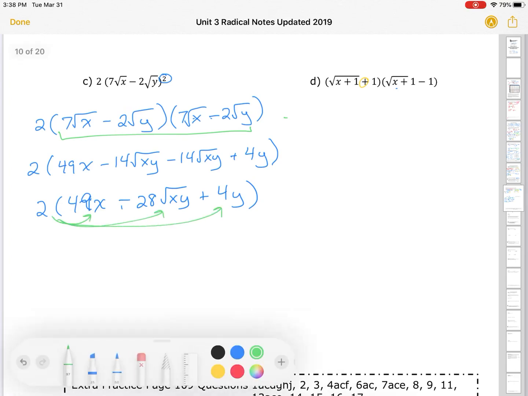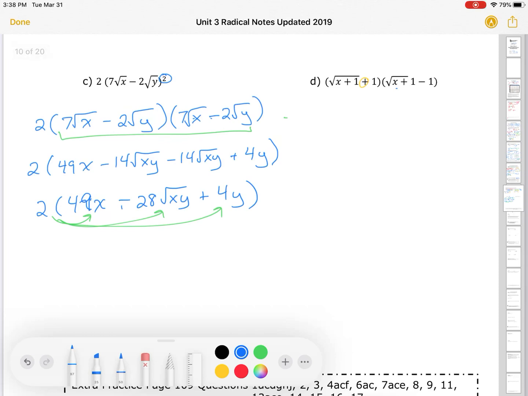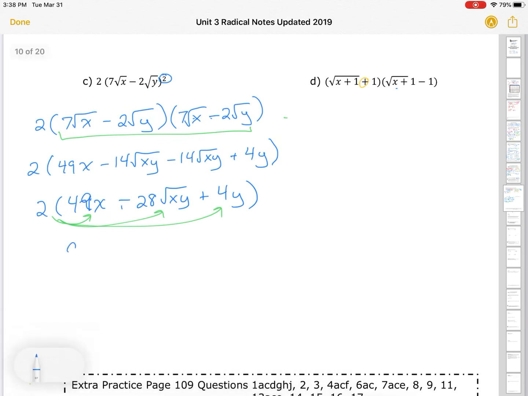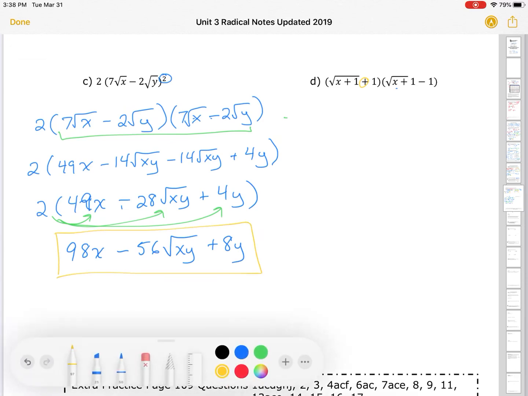And now I'm going to do my distribution. So again, I'm sorry about that. Sometimes I jump around. And when I multiply through, I get 98x minus 56 root xy plus 8y.